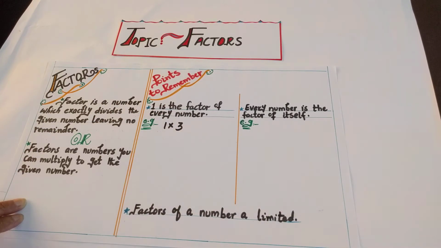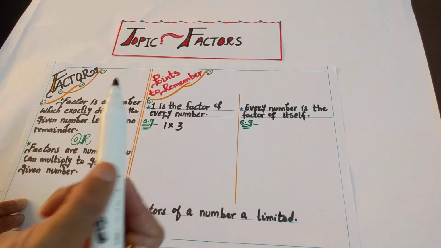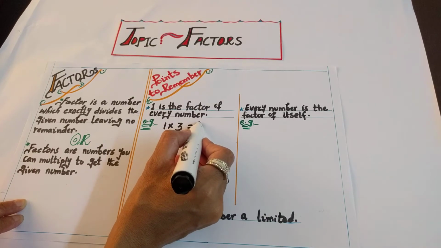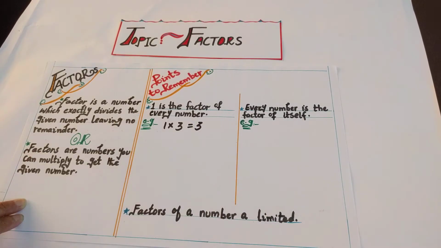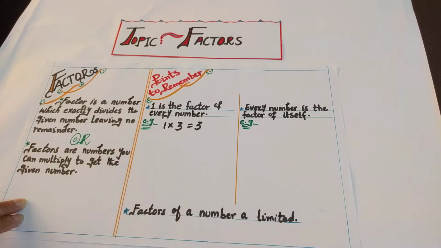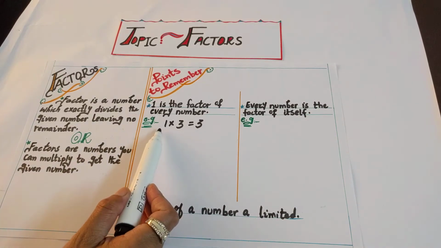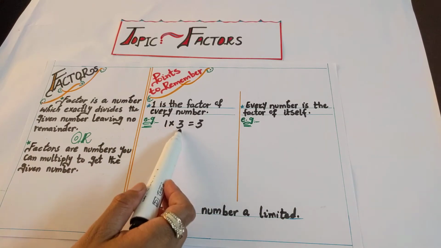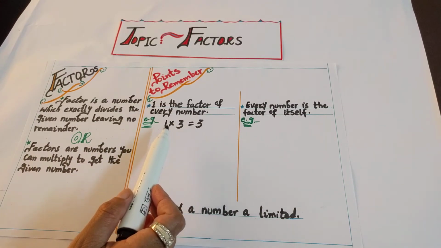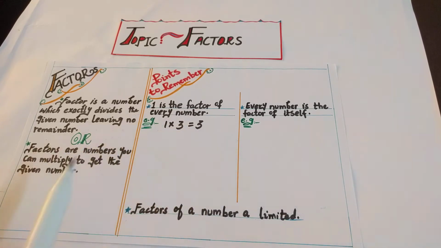1 multiplied by 3. When we multiply this 1 by 3, we get 1 3s are 3. According to this definition, 1 3s are 3. So when we multiply 1 by any number, we get the number itself as a product.